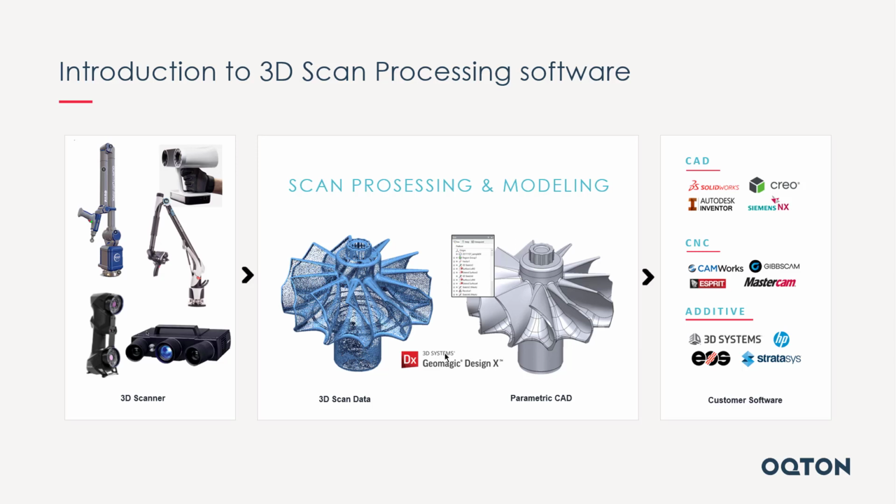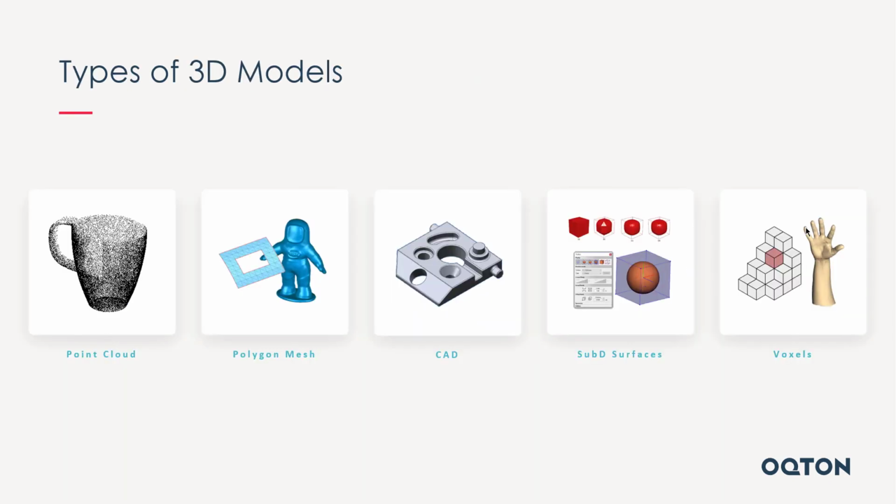People want to get to this or something like this, but CAD still to this day treats this like a foreign object. CAD packages are adding tools here and there every once in a while to make it a little bit easier, but as you will see, if you start to go down the road of reverse engineering, you'll discover that it's missing a lot of tools, and that's where Design X comes in. We're giving you those missing things in between the scanners and the deliverables here.